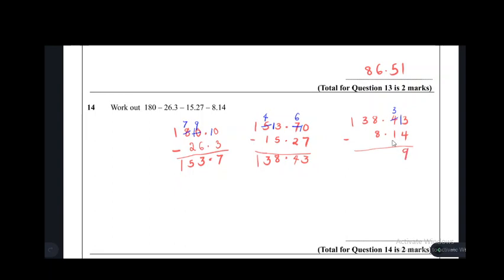And then 3 take away 1 becomes 2. So we have a decimal place there. 8 take away 8 is a whopping 0, and then we have 3 take away nothing is 3, 1 take away nothing is 1, so it remains as 1. So our answer will be 130.29. On to the next one.